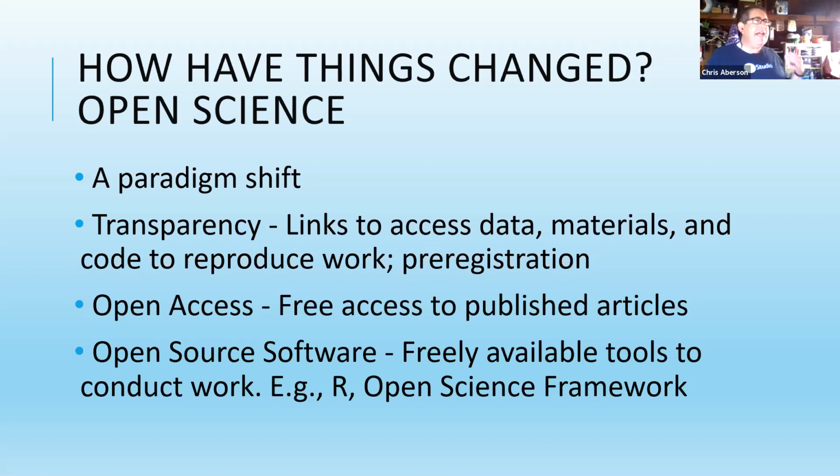Open access, free access to published articles, free access to the work that you as a tax-paying person have paid for, rather than having it sit behind paywalls. Open source software, freely available tools to conduct work. So now we're freeing up access to the information and the tools for using the information. And some great examples of open source software that have really taken off are R and the Open Science Framework, two incredible tools.